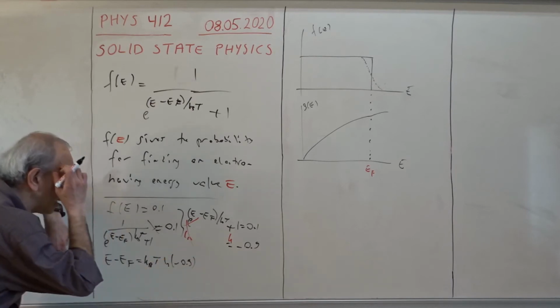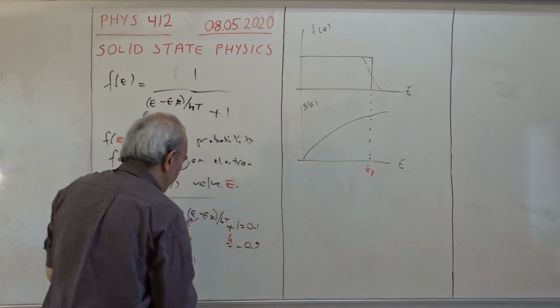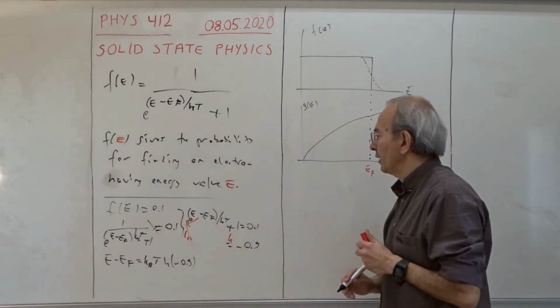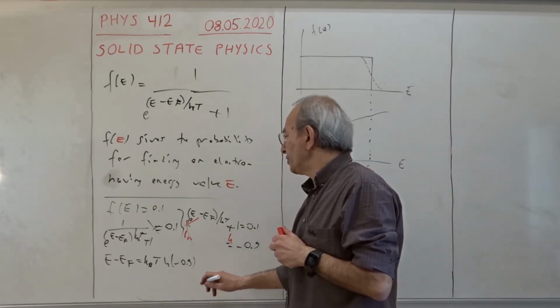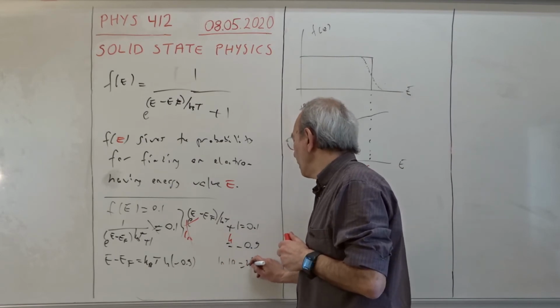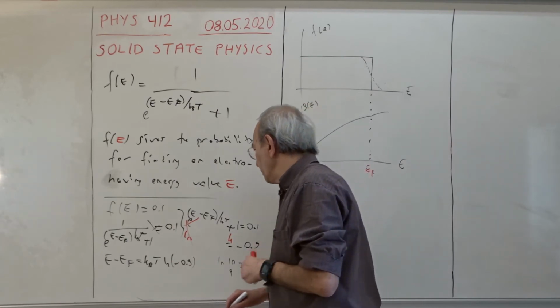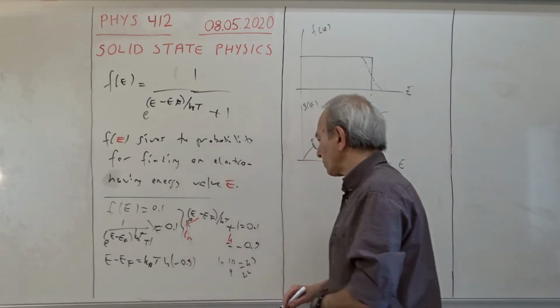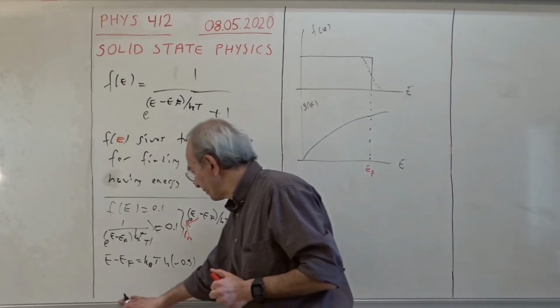But 0.1 over 0.9 means what? It is just minus, because ln 10 is 2.3, ln 9 is approximately 2.2, but it is negative. So that corresponds to roughly 2.2.